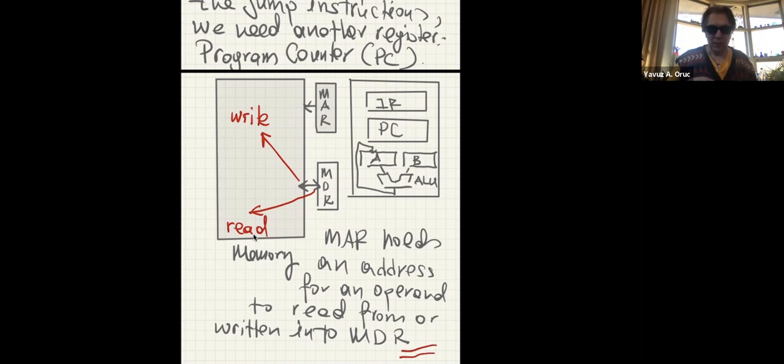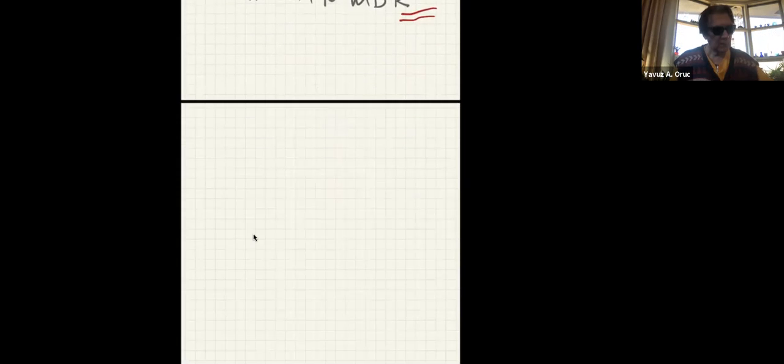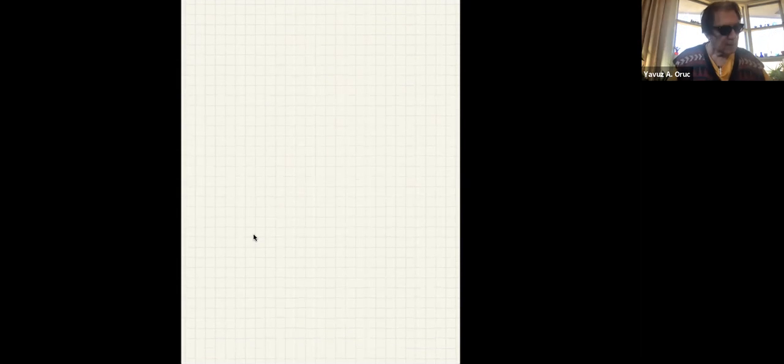I hope it makes sense to you that when you have two things, you can either write from left to right or right to left. So there's potentially two conventions, but generally when we say write into memory, that means we grab something from MDR and put it into memory, and read something from memory means take it from the memory and put it into MDR. Okay. Let me write this so that there's no room for confusion. Sorry about this.